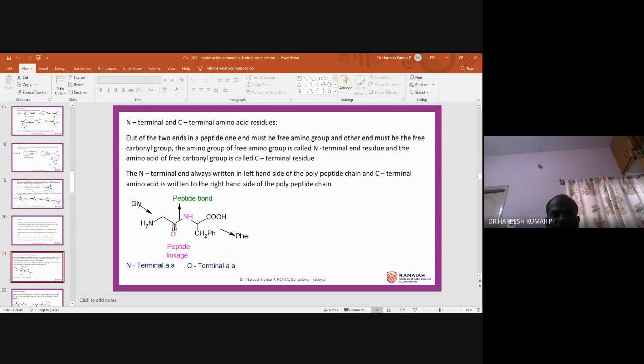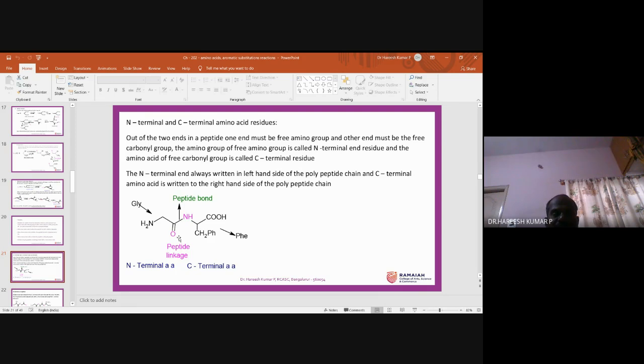Here the carboxylic end is reacting with the amino end of the phenylalanine. Okay, this is phenylalanine. So now the amino group of the phenylalanine reacts with the carboxylic group of the glycine, forming a bond. This bond is called peptide bond. Of course, this linkage is also called peptide linkage.